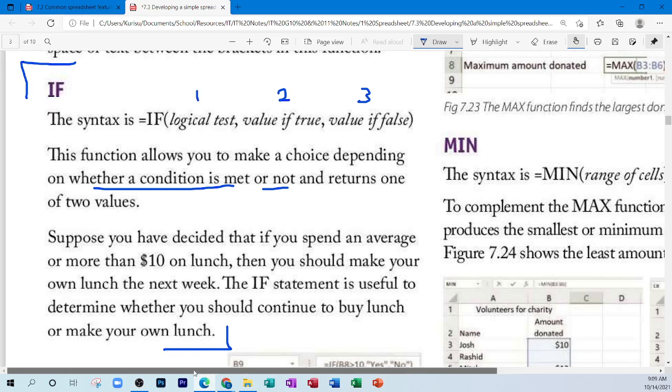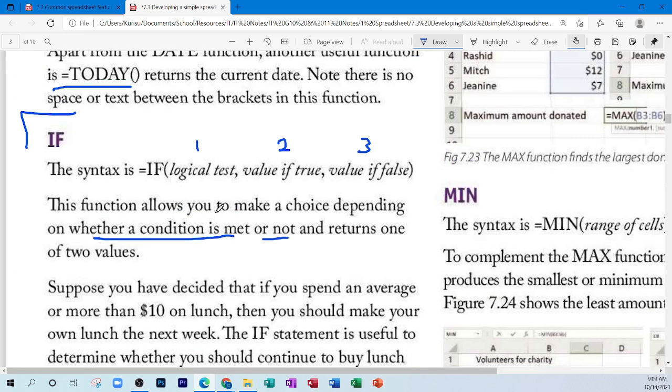So if you notice the syntax of the IF function, it has three arguments. Remember, what is inside the brackets is called arguments. The first argument is that logical test.